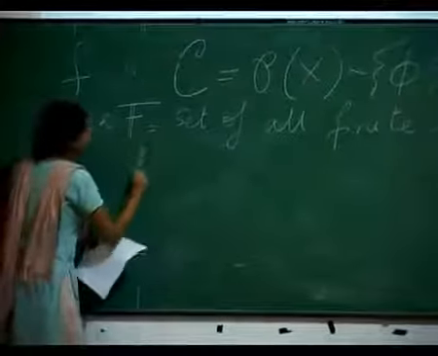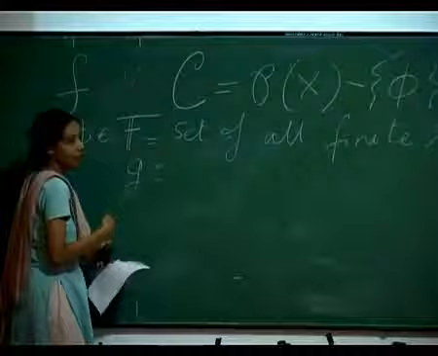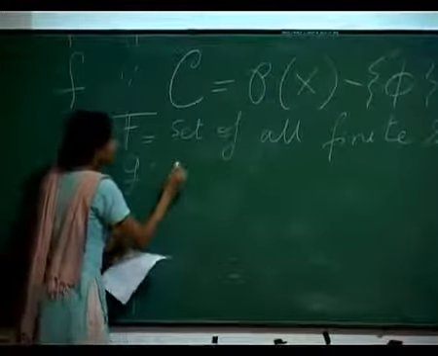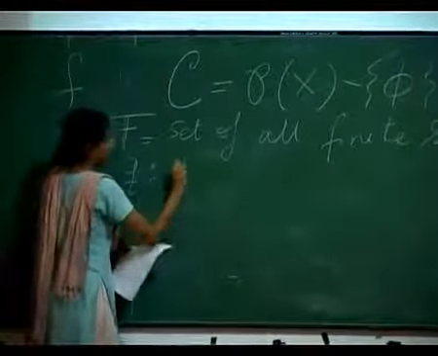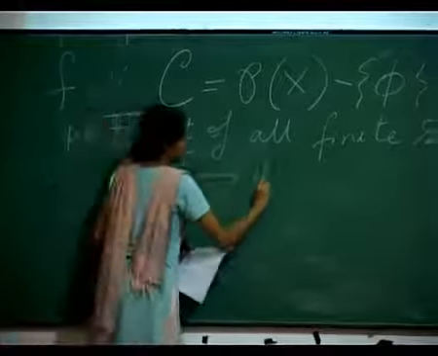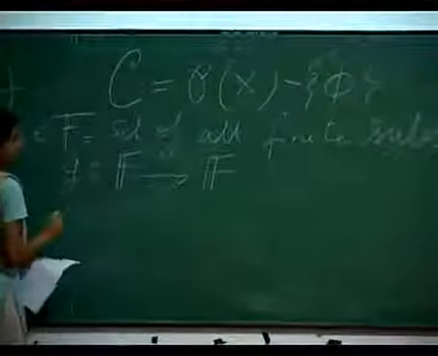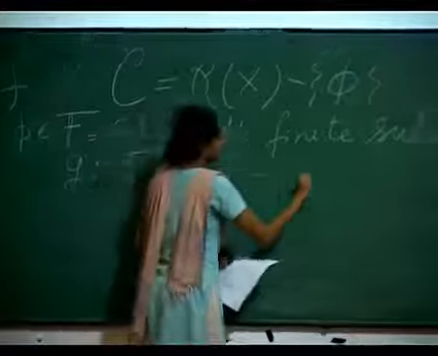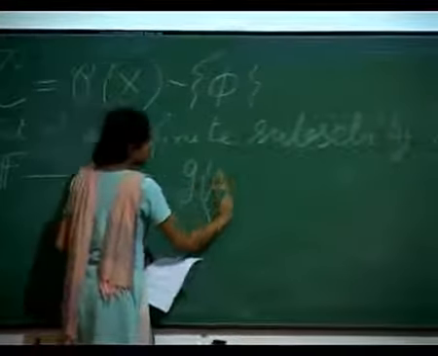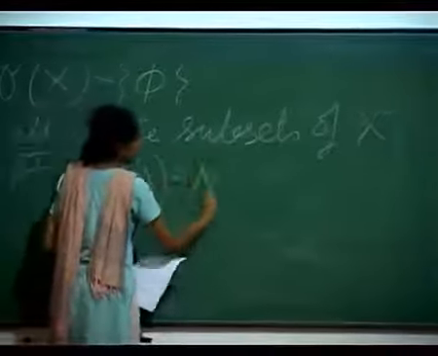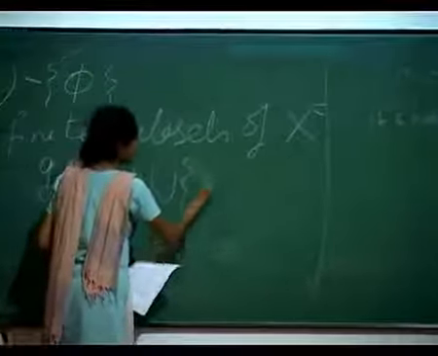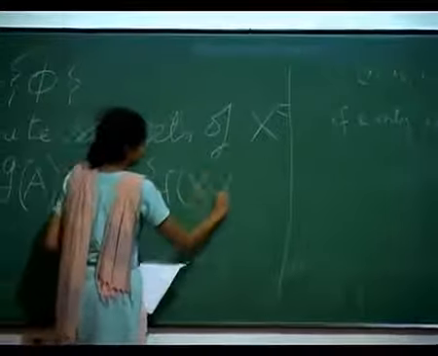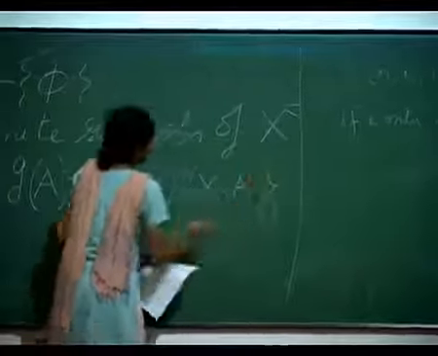And I want to define a function, not I, that's what Halmos did. Define a function from 𝓕 to 𝓕 given by G(A) as A union one more element.